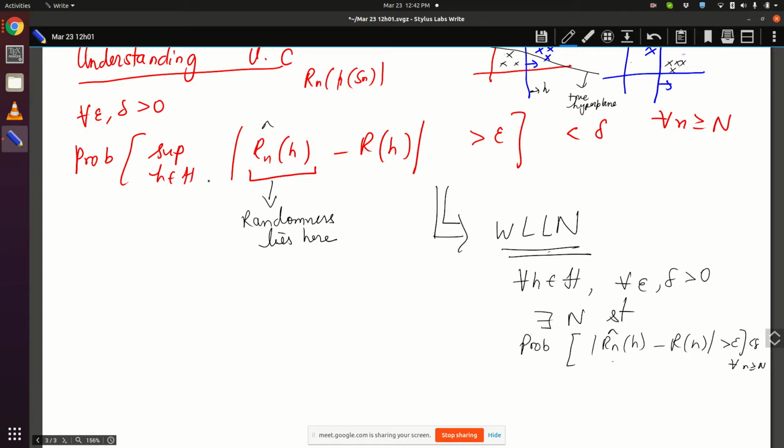See, I'm saying that the supremum itself I am able to control, right? So if I fix any member, it's also true that any member will be controllable. For the same epsilon and delta, this n itself works. So for a given epsilon and delta, you use uniform convergence and get an n. Using this n, you get this.